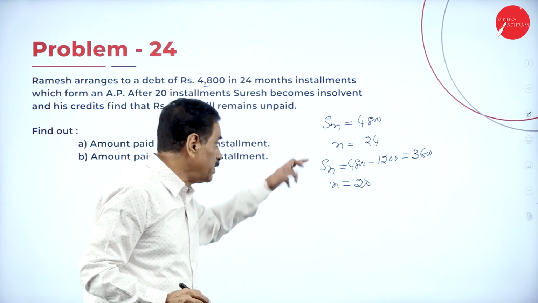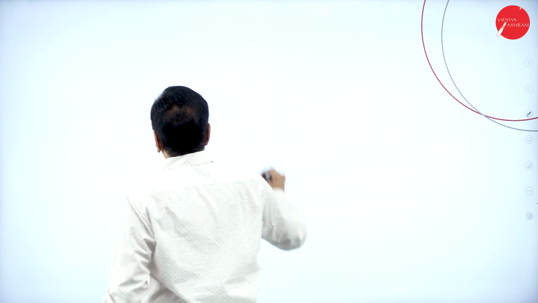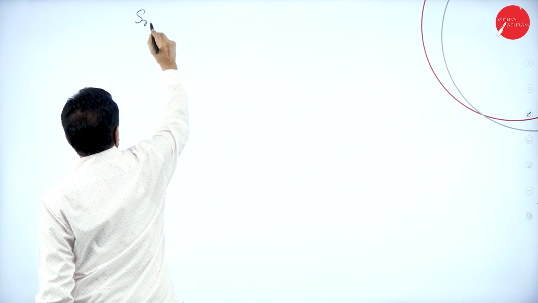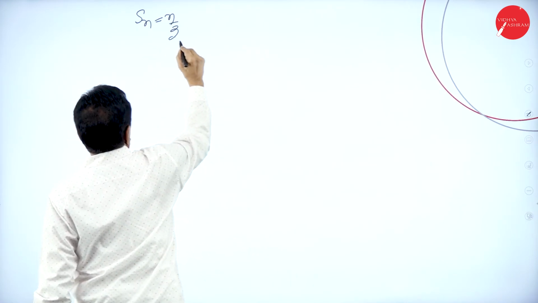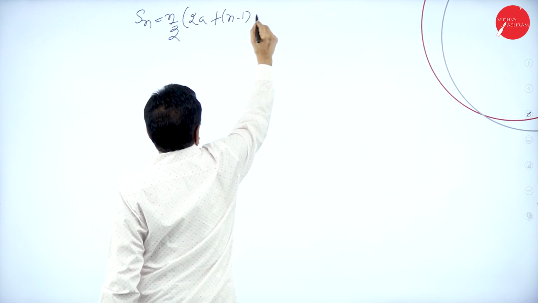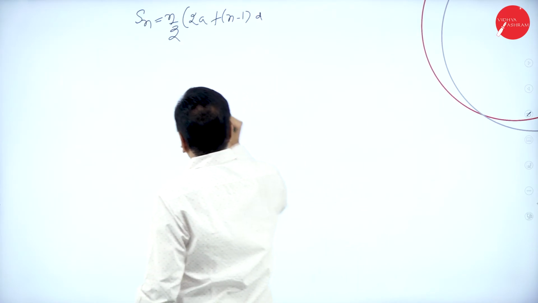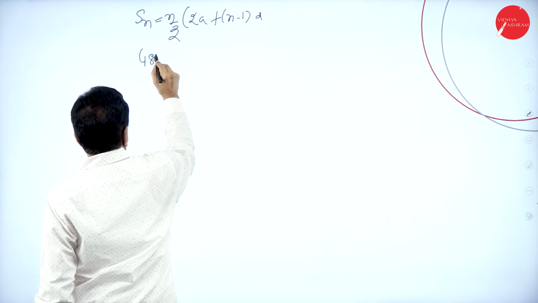So this is the first one, this is the second one. We move on to the first one. Sn is equal to n by 2 into 2a plus n minus 1 d. What's your Sn? 4,800.